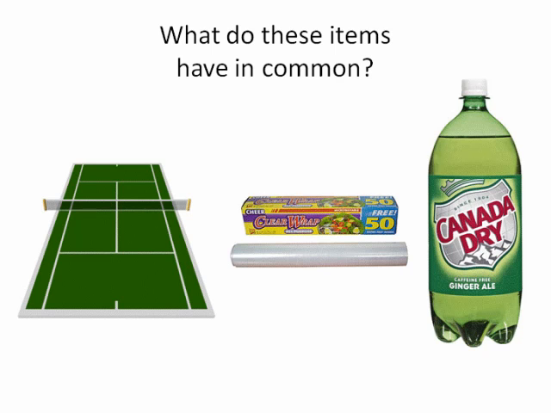And so I need to ask you, just as a refresher, what do these three items have in common? And of course, as we discussed in class, if you were to take a layer of saran wrap and cover that tennis court, and then take all of that saran wrap and shove it into that 2-liter soda bottle, you would have the approximate amount of surface area contained within just one lung.